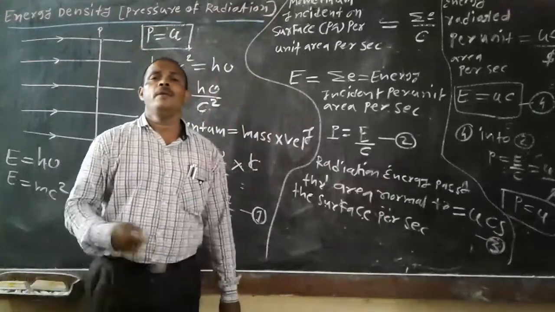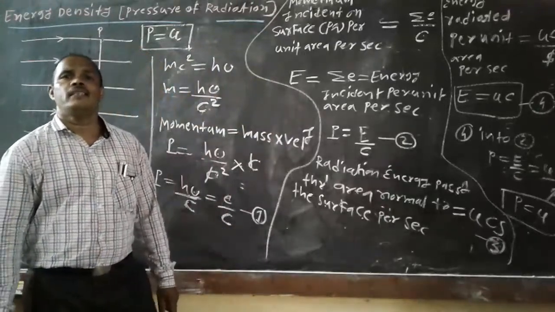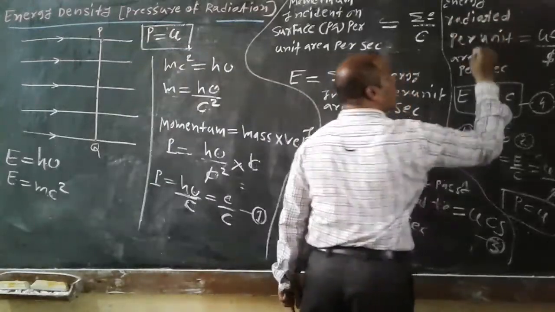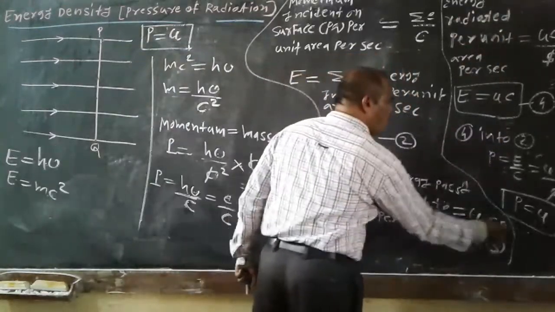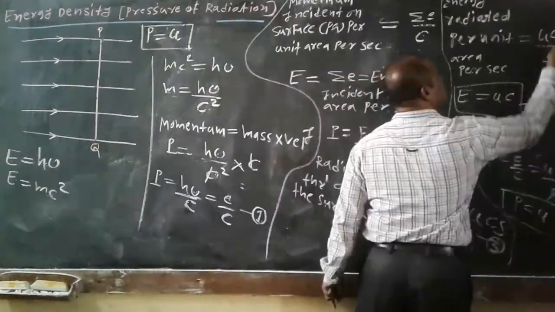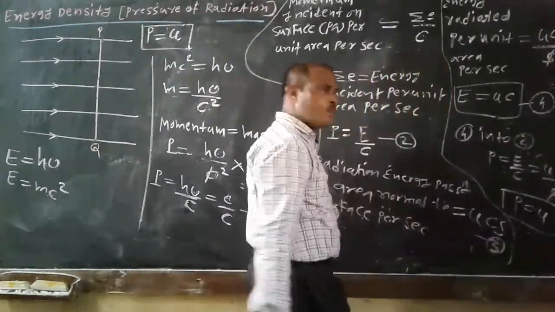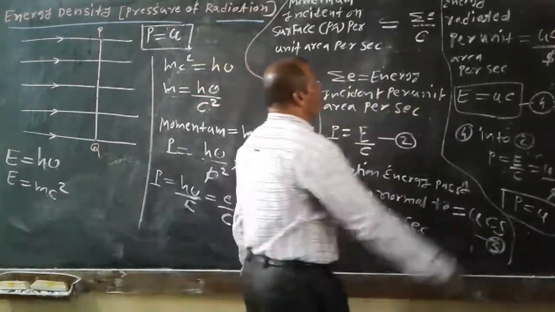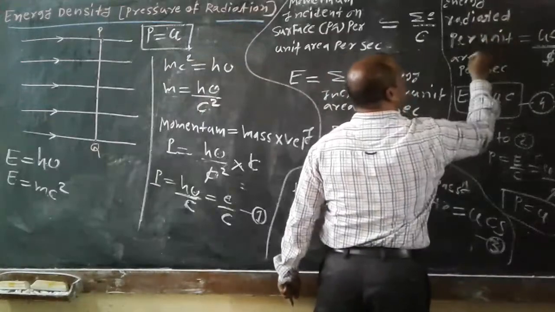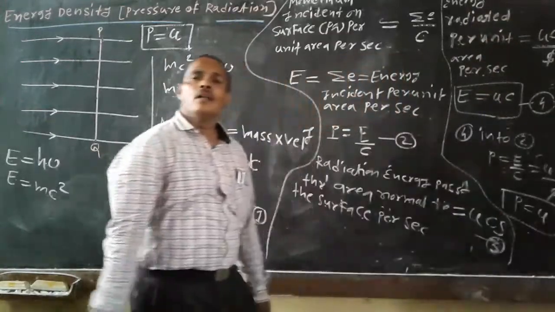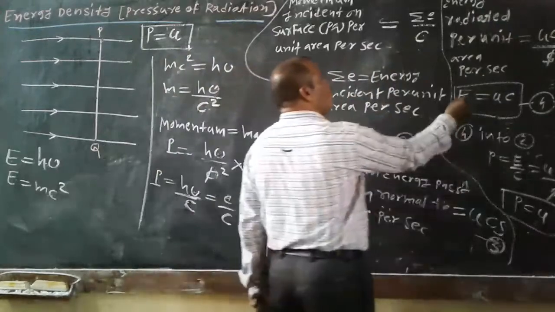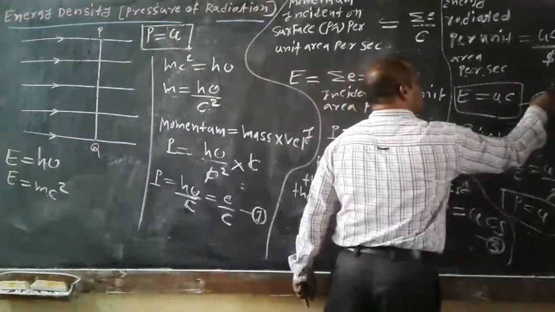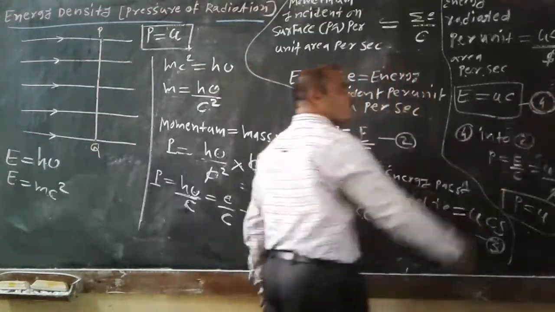Now emissive power, that is energy radiated per unit area per second, equals UCS divided by S. S gets cancelled. We get energy radiated per unit area per second, that is E equal to U into C. Suppose that this is equation 4.